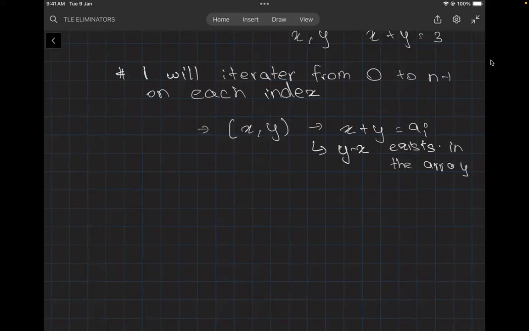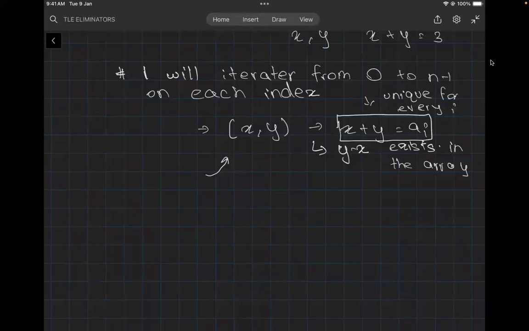Okay. Now, the thing to notice is that this is going to be disjoint from every other index because x plus y equal to ai is unique for every i.